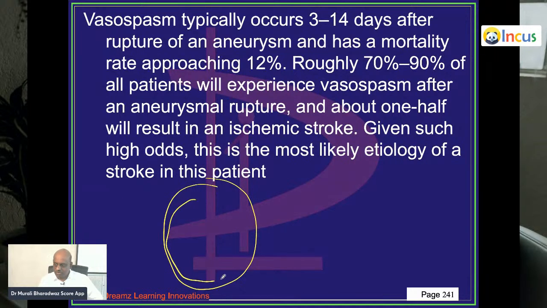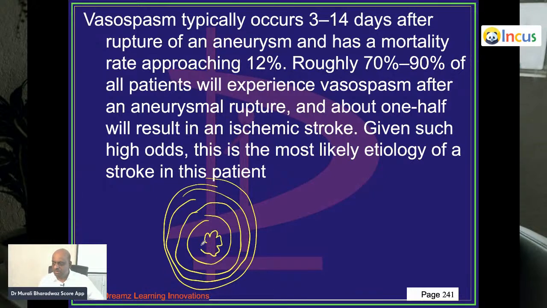Below that, what do you have? Dura mater. Below that, arachnoid. Below that, pia. Below that, you are having the brain. The pia tightly abuts the gyri and sulci of the brain.